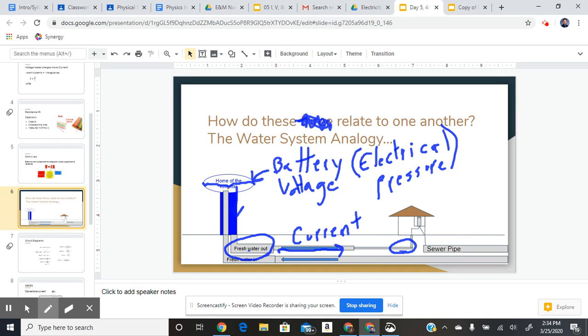The resistance over here next to the water tower is going to be fairly low, and the current is going to be fairly high. Versus when you get over here, your resistance is very high. That pipe is becoming a lot smaller, so your resistance is going to be a lot higher there.